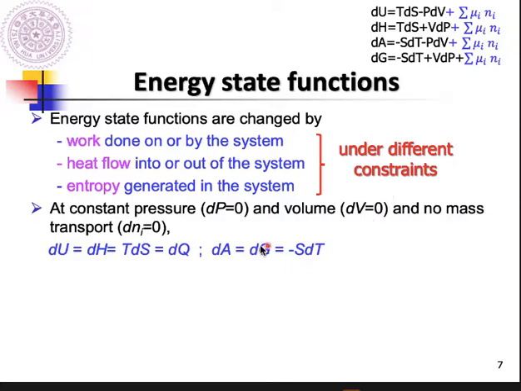If your boundary condition is constant pressure, constant volume and no mass transport, constant pressure means dP equals 0, constant volume means dV equals 0, and no mass transport means dNi equals 0, so you can drop this term.